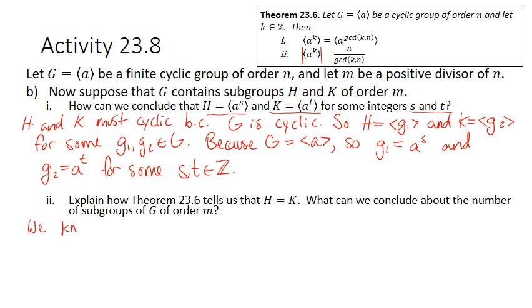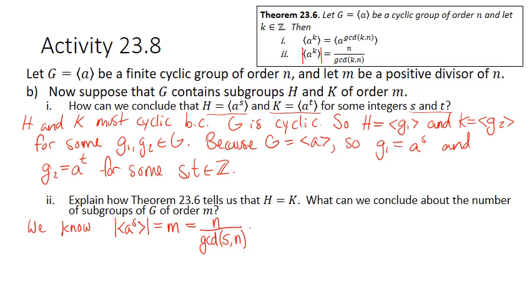We know that the order of a to the s, so that's h, remember, is equal to m. By assumption, we're told that the order of h is m. And we're also told by theorem 23.6 that the order of the cyclic subgroup generated by a to the s is n divided by GCD of s comma n.